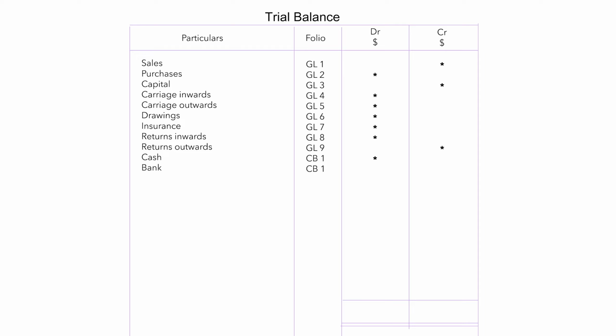Bank, balance sheet. Discount allowed, income statement. Discount received, income statement.